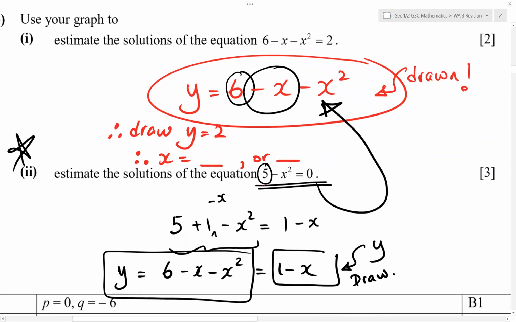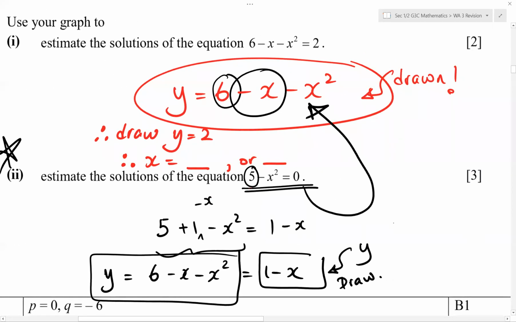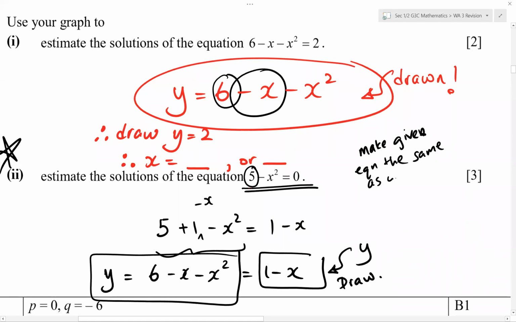So as you are writing your notes, you can put this down. Make the given equation the same as what was already drawn.